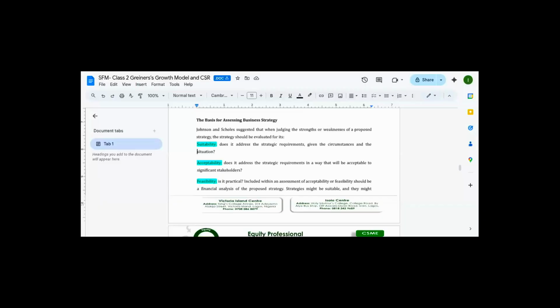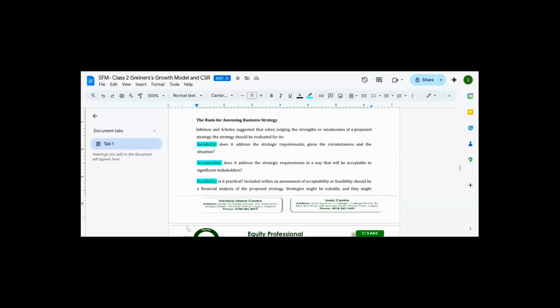Looking at the constraint of resources, for instance, will this strategy be suitable if implemented, and we are not going to run into crisis? So we look at situational problems before we take any drastic decision to accept a strategy.